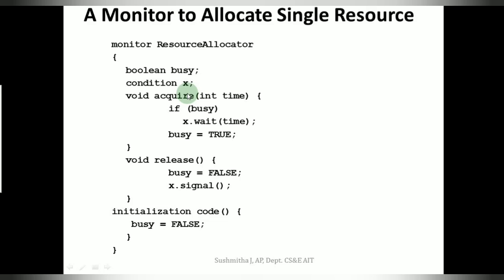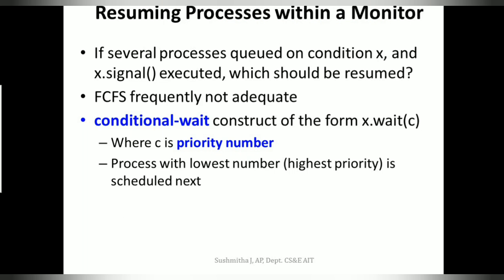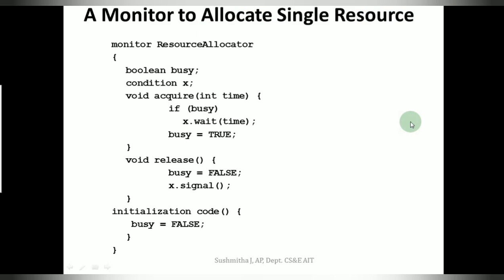Now I was talking about the priority previously. We saw the conditional wait construct, x.wait(c). The c here is nothing but the time. Previously, if you remember, wait and signal did not have a parameter. Here we are passing a parameter, and that parameter here is the time.